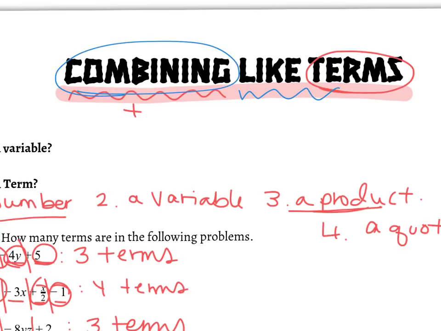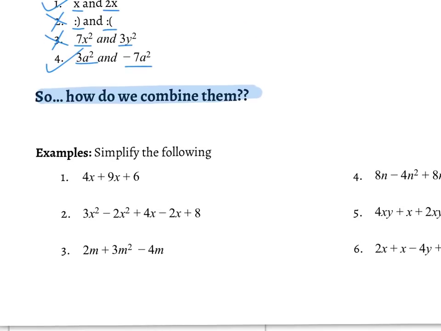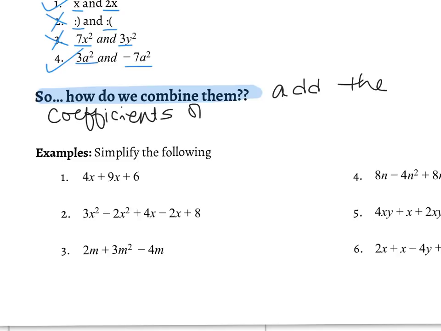Like terms, I now know, are variables that have the same letter, that are the same size, meaning exponent. So, how do I combine them? All I do is add the coefficients of like terms.